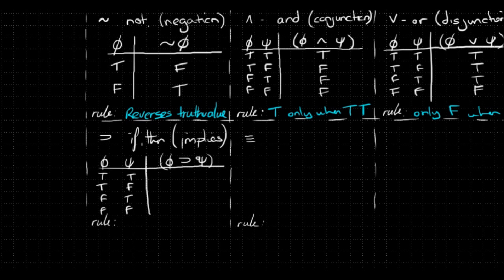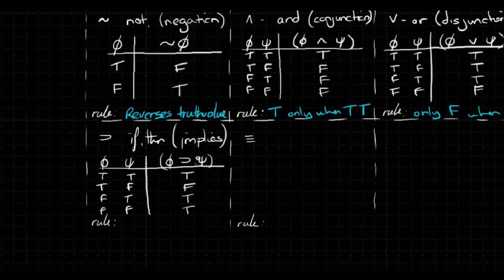Now the if-then symbol is sometimes a little counterintuitive at first. Truth table goes like this: true, true is true, true, false is false. Remember, this is imply, so we're saying phi implies psi, so if phi is true and psi is false, then it can't imply it. Then these are the two that are sometimes a bit counterintuitive. These both come out as true.